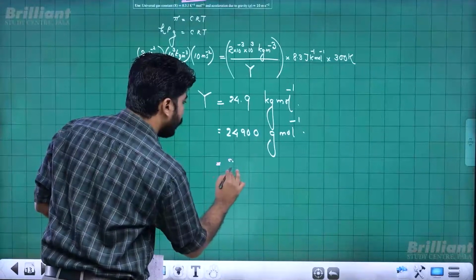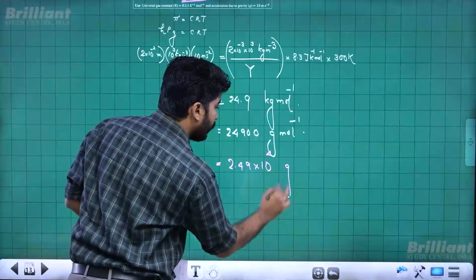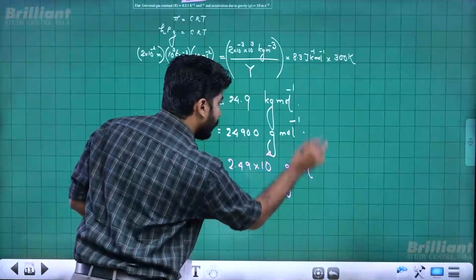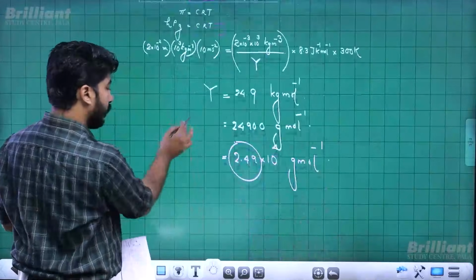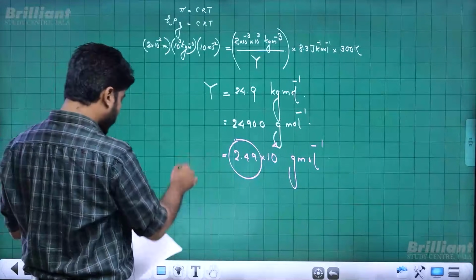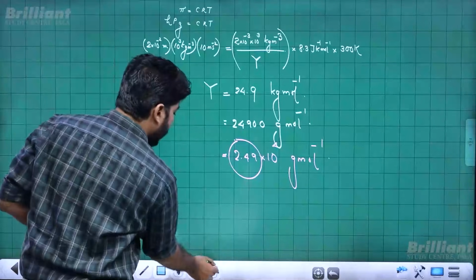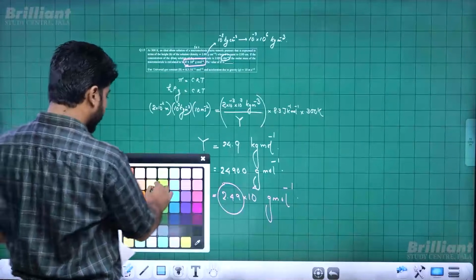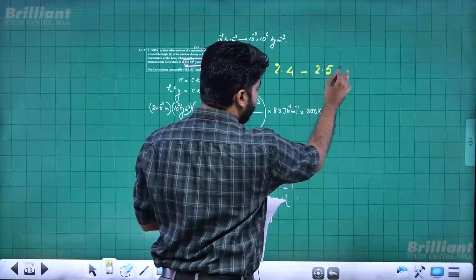So this is 2.49 into 10 raised to 4 grams per mole, where this is the required answer. So the exact value of the required answer is 2.49, and the range given here was 2.4 to 2.55.